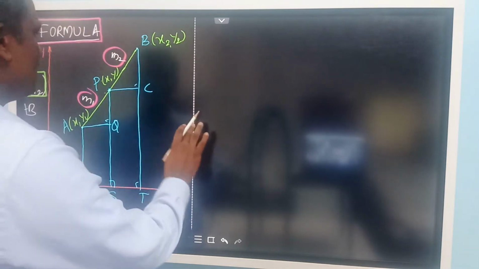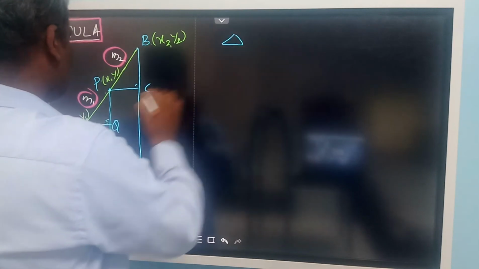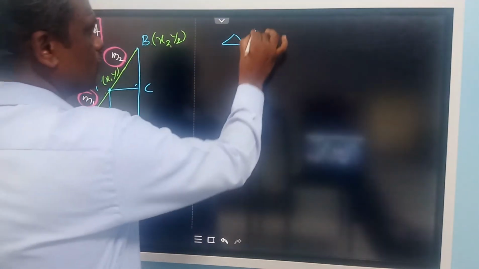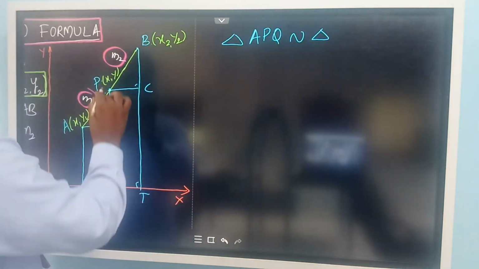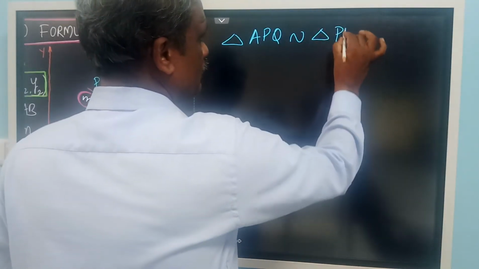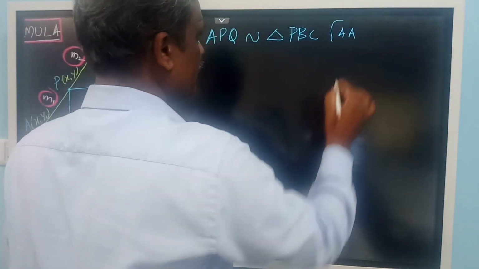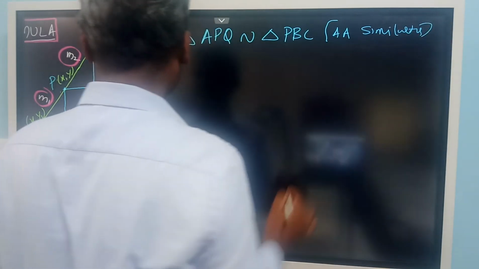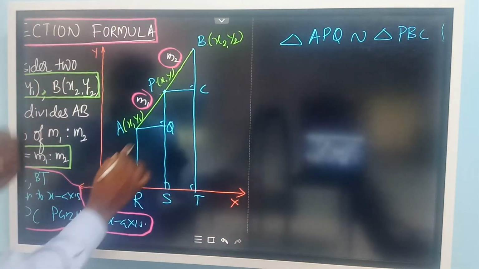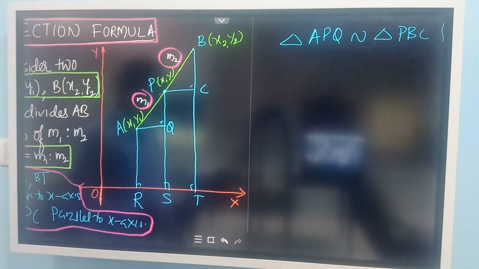We want point P of x, y. So you know that already, triangle APQ is similar to triangle PBC. By AA similarity, you can write these two triangles are similar because this is 90 degrees, this is 90 degrees, and these two corresponding angles are equal. So therefore by AA similarity the triangles are similar.